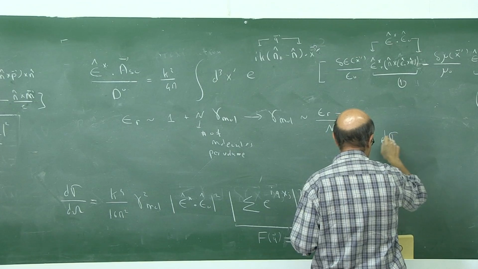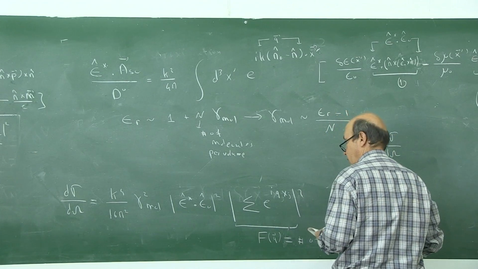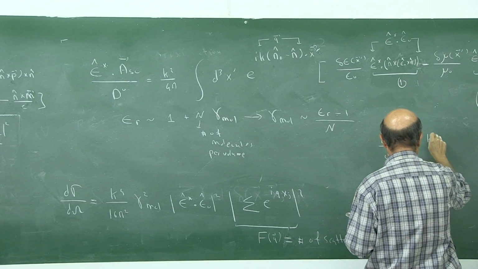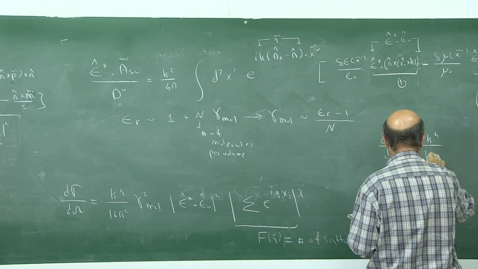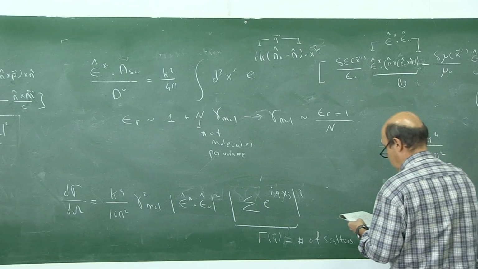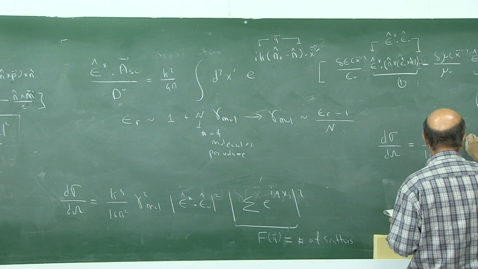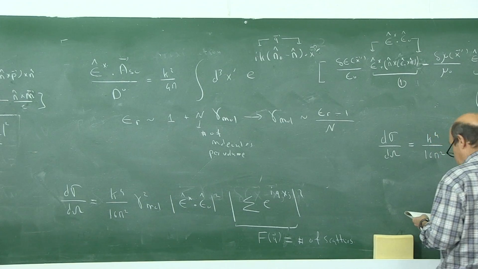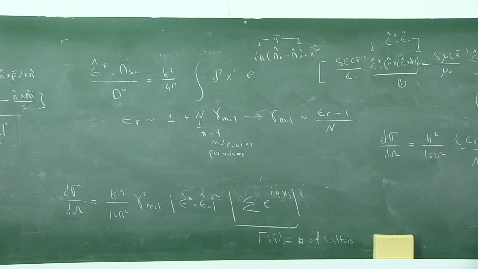The scattering cross section per solid angle will be k to the 4 divided by 16 pi square. Instead of gamma square, write the square of this over n square, and the polarization after the scattering dot product polarization before the scattering, and you have the structure factor.